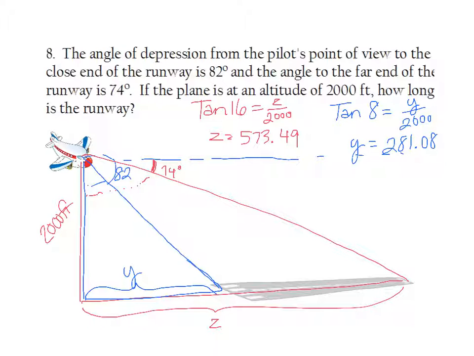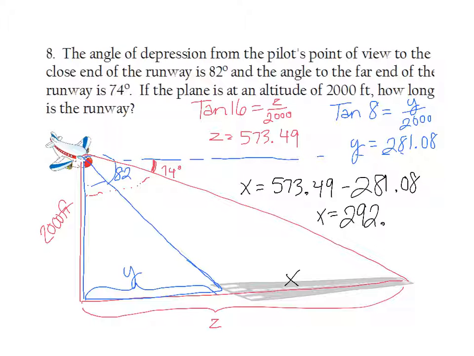And if I take my z and subtract the y, I'll end up with x, the length of the runway. X is 292.41 feet. All right, hope this helps.